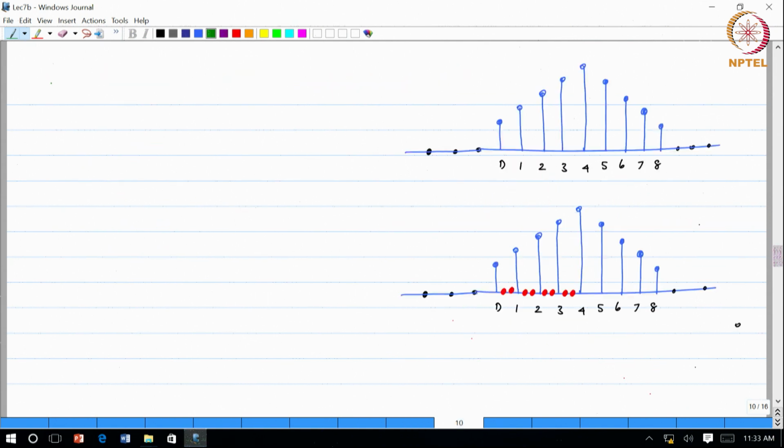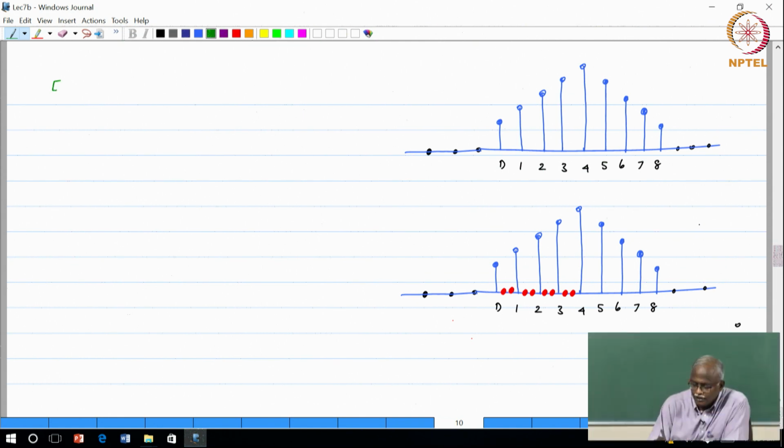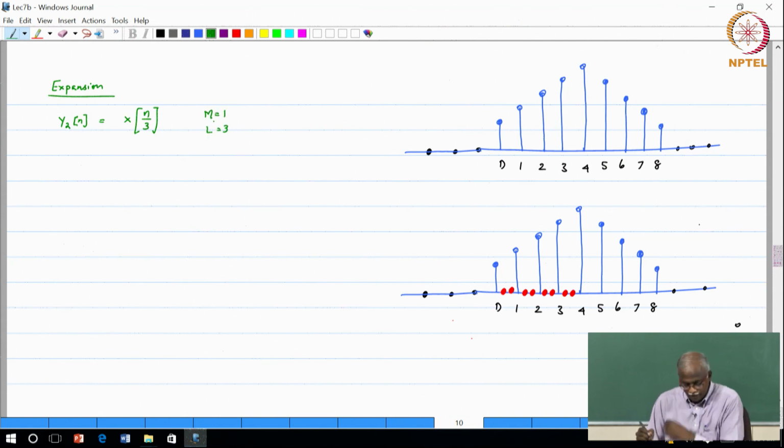On the other hand, the counterpart of time compression is time expansion. This is defined as the following: y2 of n is equal to, let us say as an example, x of n by 3. So, here we have m equal to 1, L equal to 3 in our scaling of the time, and this is equal to x of n by 3 if n equal to 0, plus minus 3, plus minus 6.